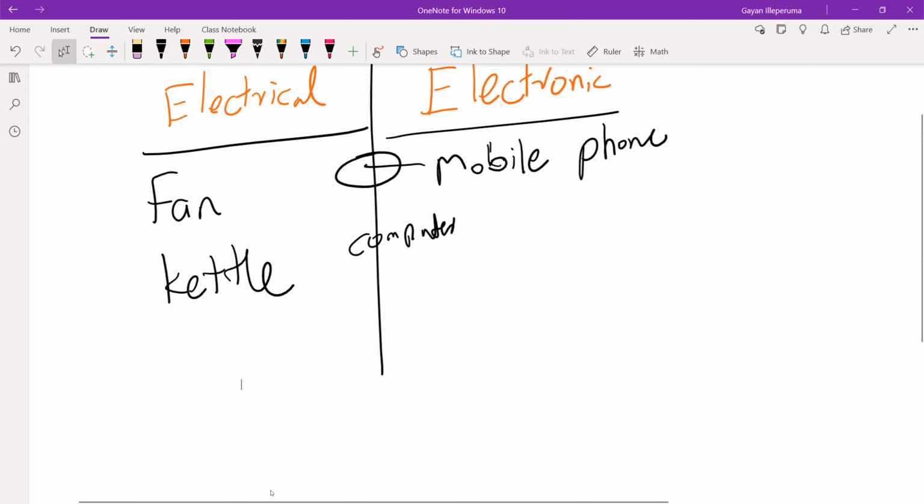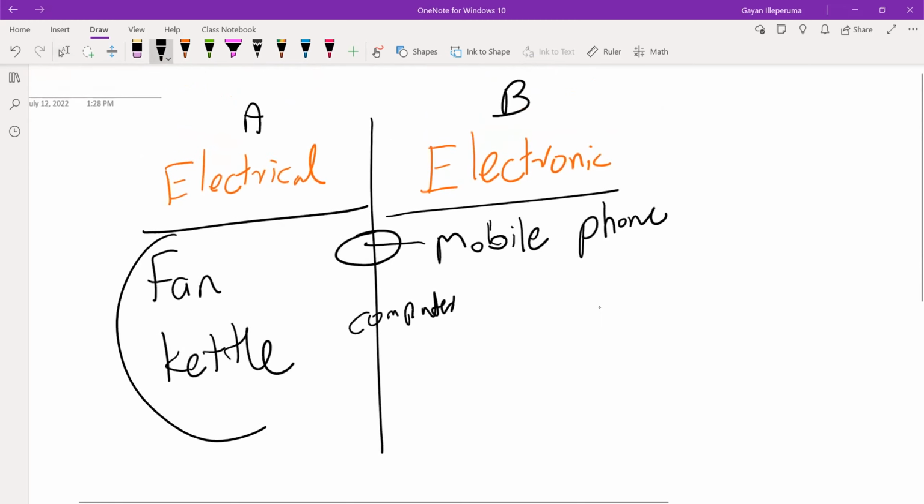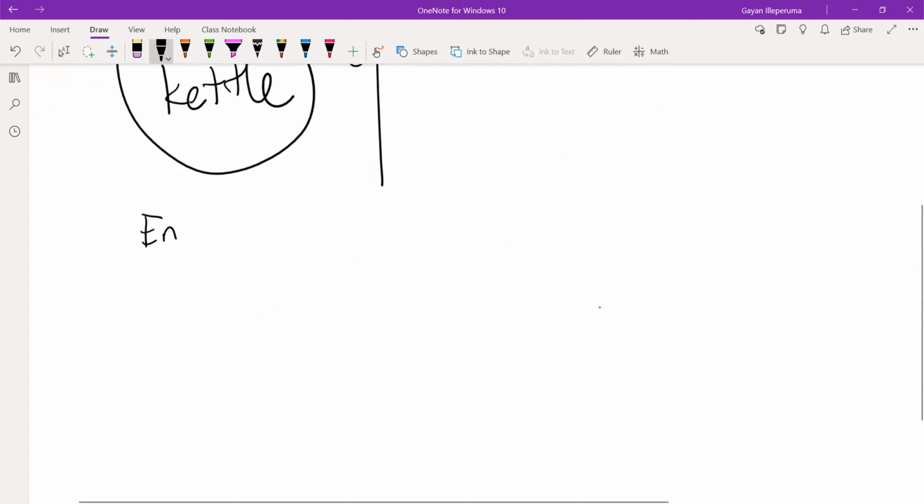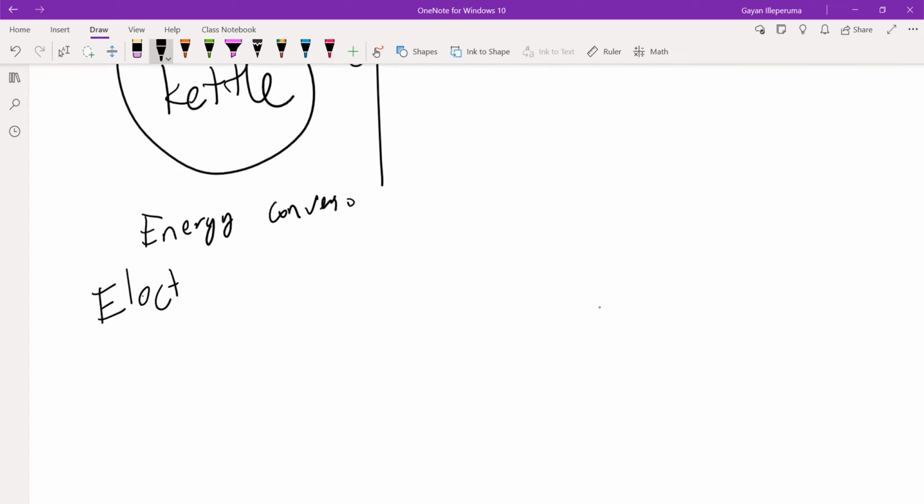Okay. I think this should be sufficient. So what you see in this category is mainly the objective is energy conversion. That means electric energy into some other form.